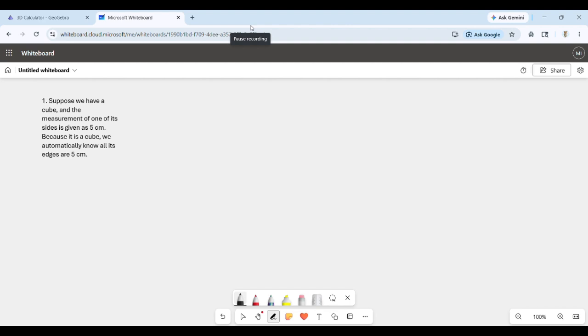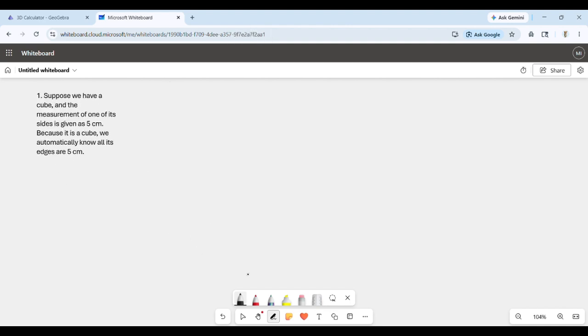So first, the process to solve this problem is, let's write down our step-by-step process. So step 1, you can type your answer or write in this whiteboard. So we just write in this step.